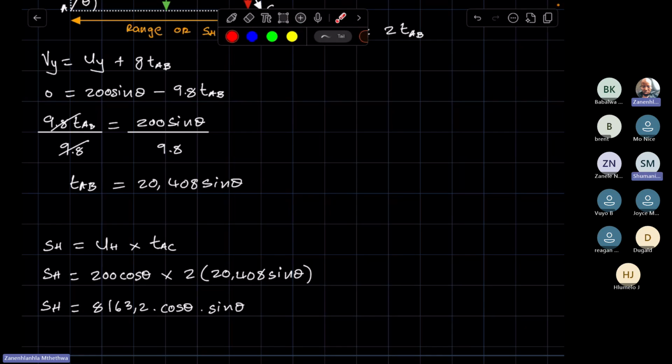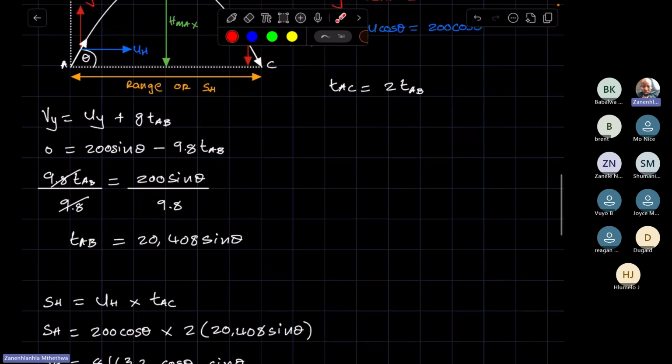It's 9.8, the value for gravitational acceleration, G. It's gravity.